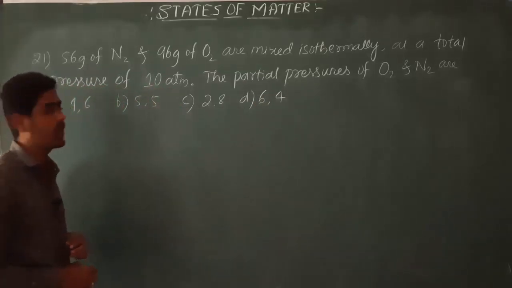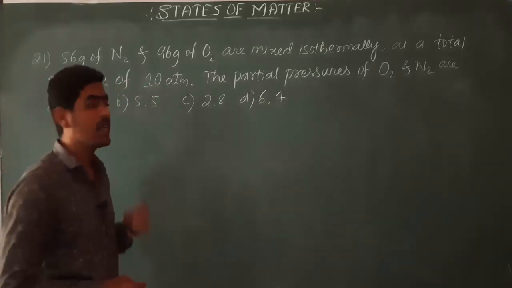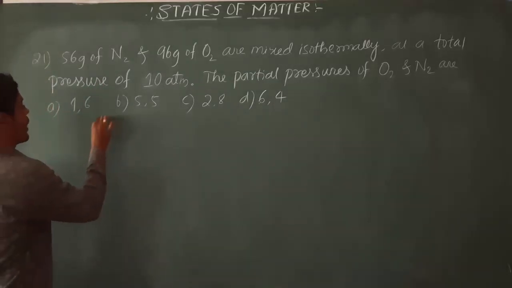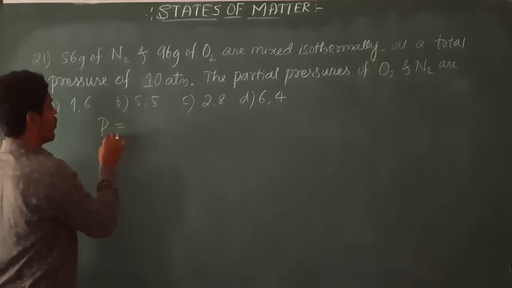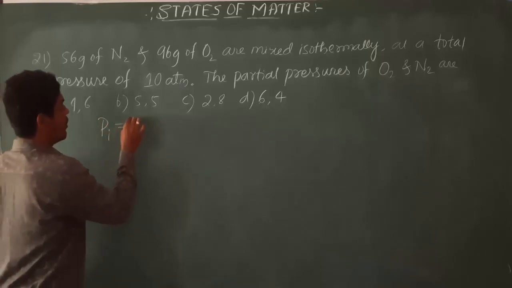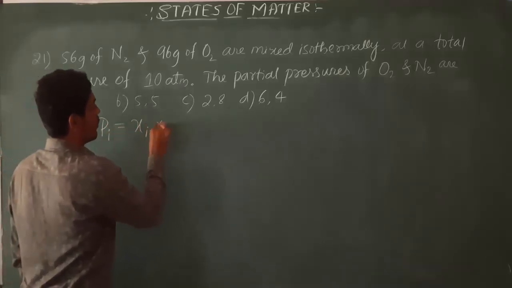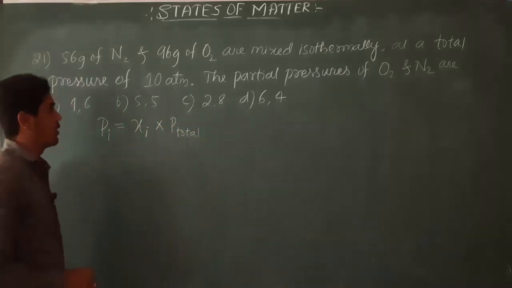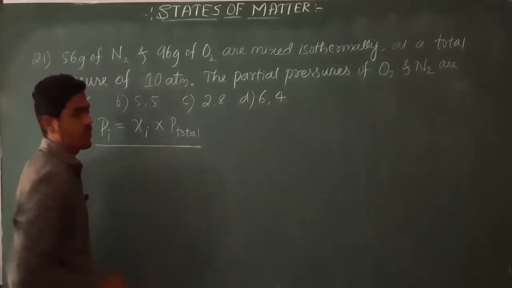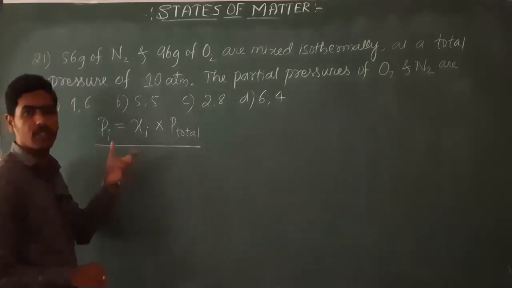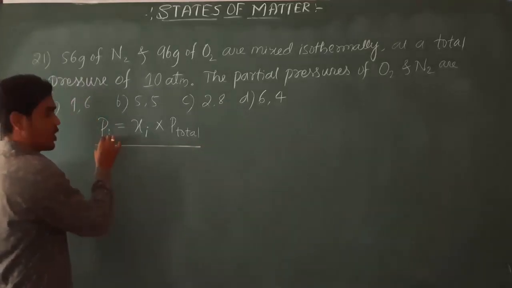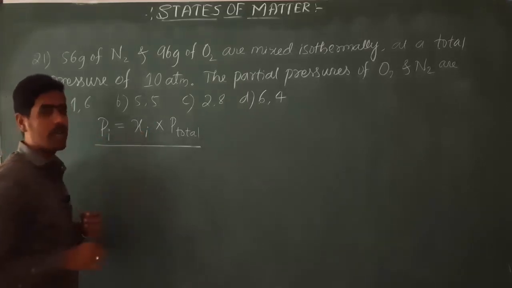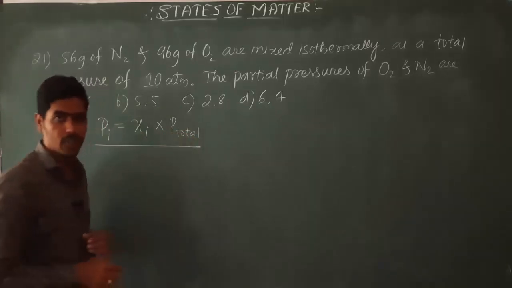You have already studied the relationship between partial pressure and mole fraction, that is given by Pi is equal to Xi into P total. In the chapter states of matter, you have studied this. If you forgotten that, just remember this. Partial pressure of any gas is equal to mole fraction of that gas into total pressure.